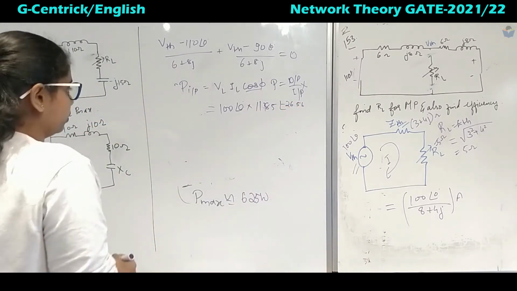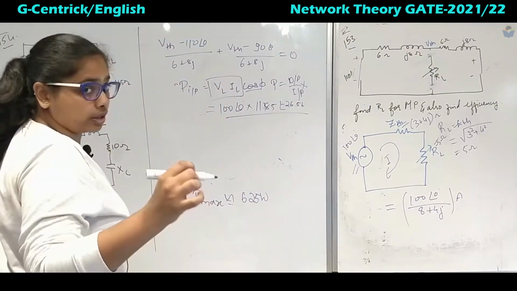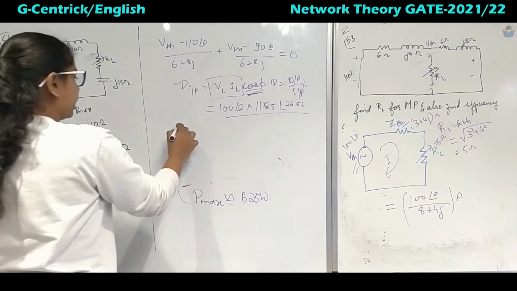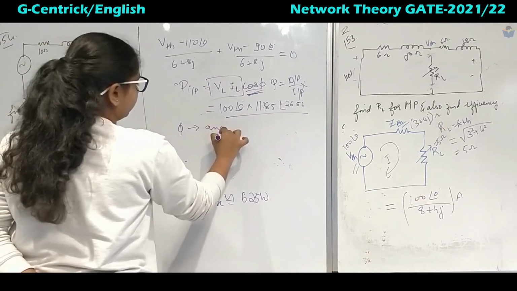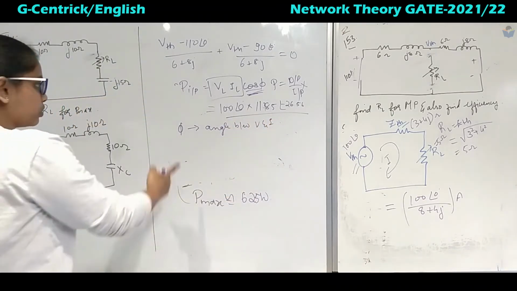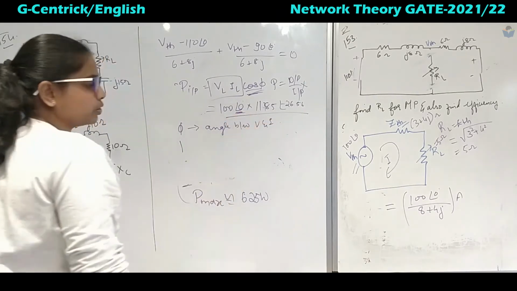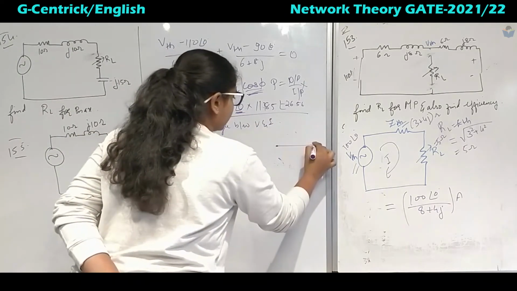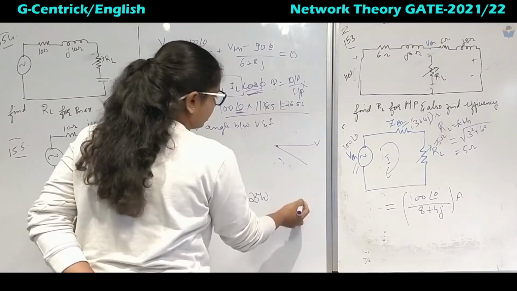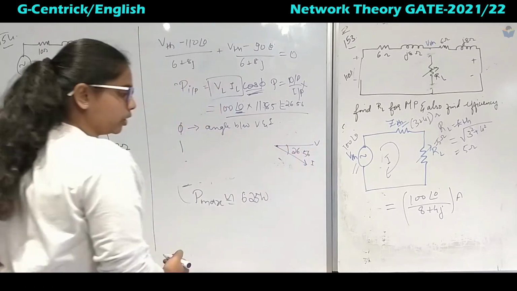So this is including the angle, but we do not know what phi is. Phi is nothing but the angle between current and voltage. If you observe here, V is 0 degrees. If you take V as the reference, then since the current has a negative sign, it will be lagging by 26.56.